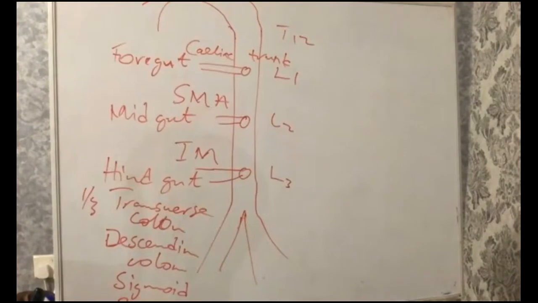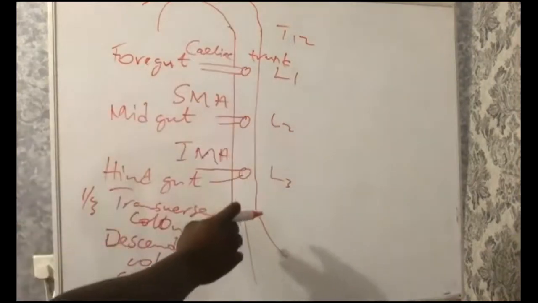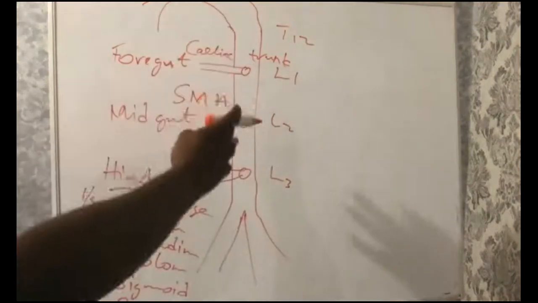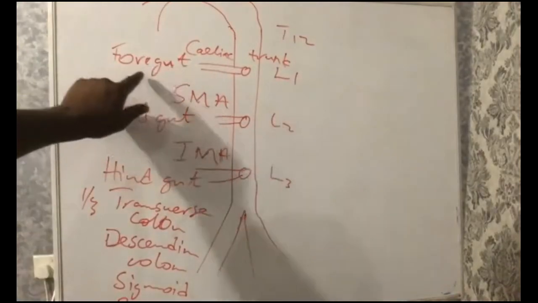Can you please see the board? Yes, please. All right. So what I'm trying to say is that the abdominal aorta has 3 anterior branches, and these anterior branches supply the GIT. We have the celiac trunk, which supplies the foregut.